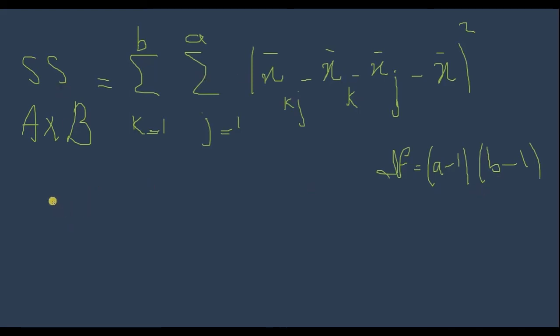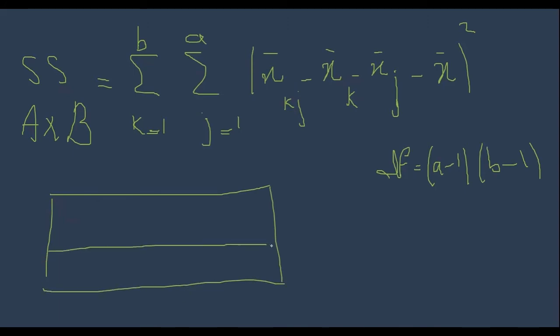So in here also is, I think, obvious. We have levels of A, levels of B, 1 and 2, 1 and 2, and then x bar of kj in here is x bar of the cell. So each cell minus the x bar of k.